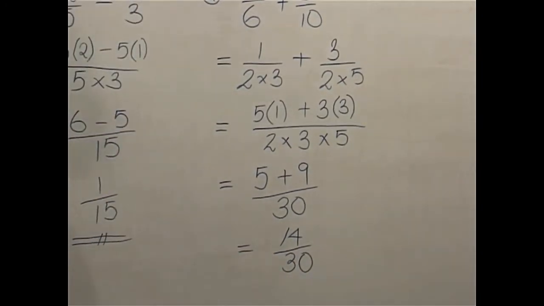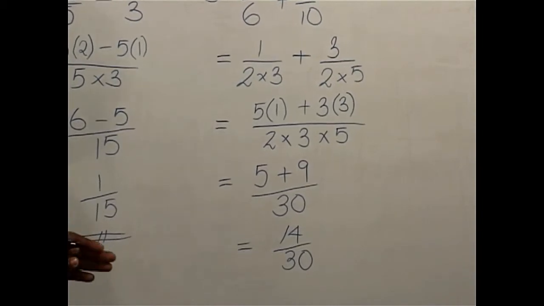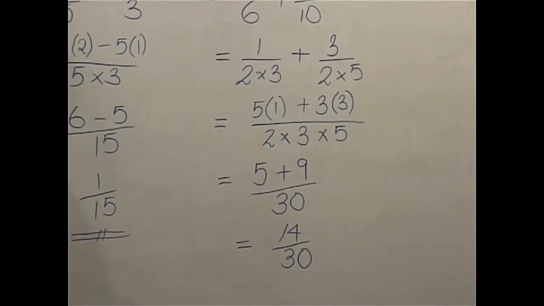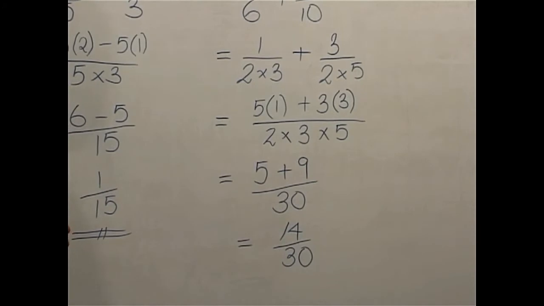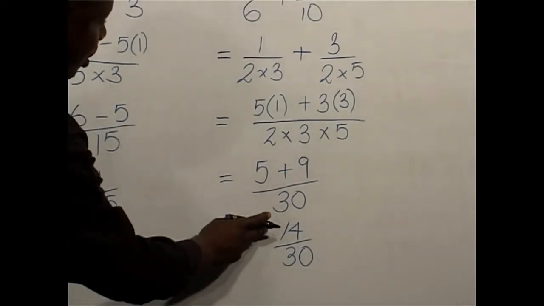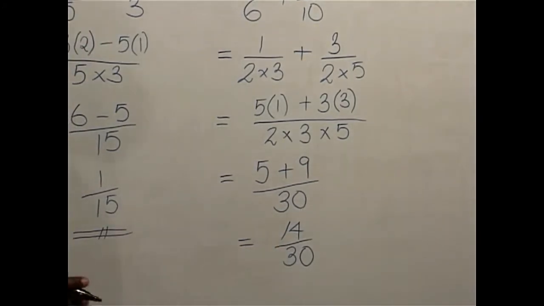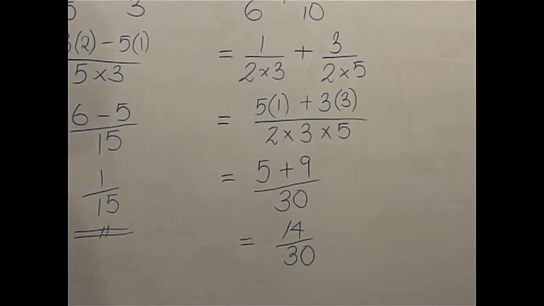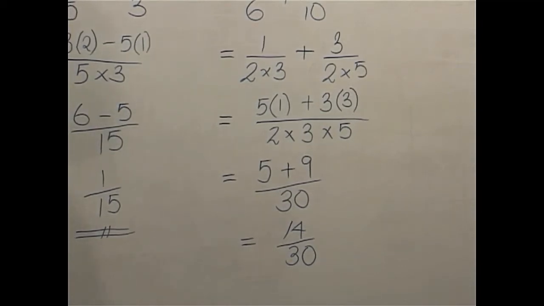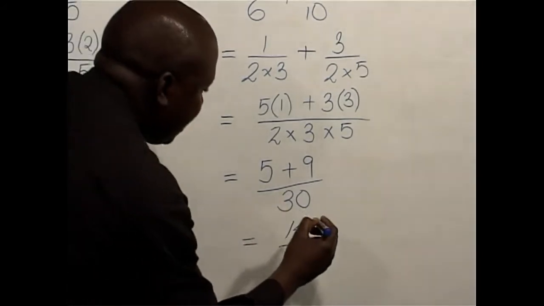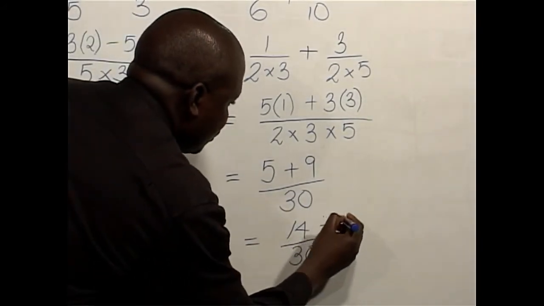Like I said, every time you must ensure that the fraction is reduced to its lowest terms. So when we look at 14 and 30, we are going to appreciate that there is a common factor of 2. So in the numerator, we divide by 2.